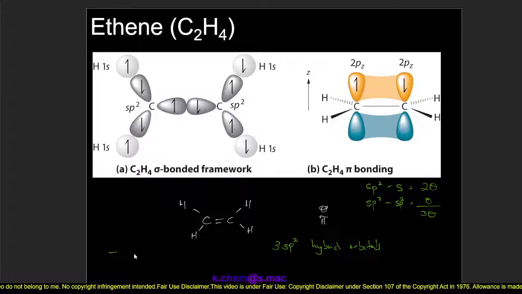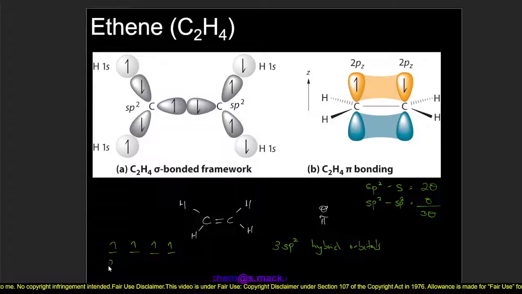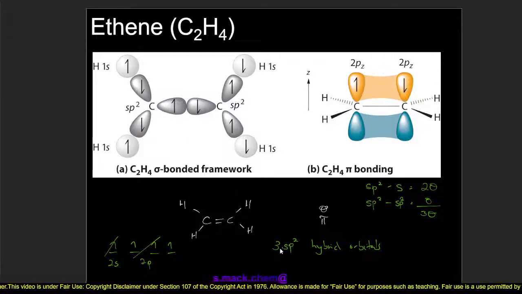Remember that in carbon, in its excited state, there would be 4 electrons of equal spins in the 2s and 2p orbitals. So we've used the 2s and 2 of the 2p orbitals to give us our 3 sp2 hybrid orbitals.